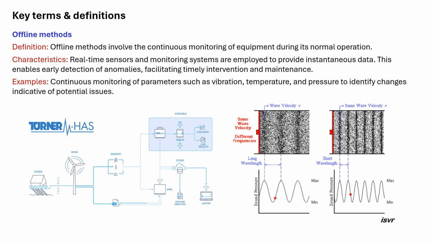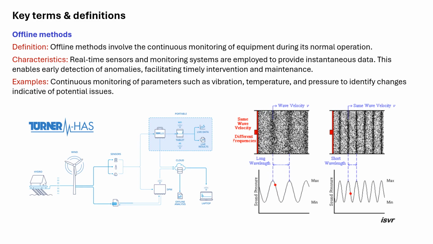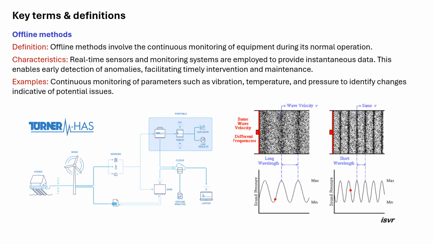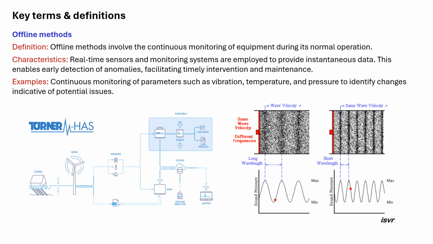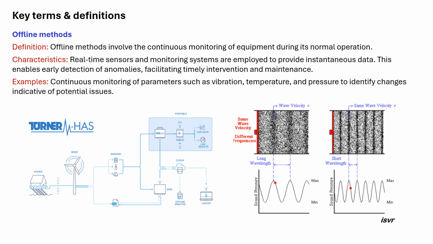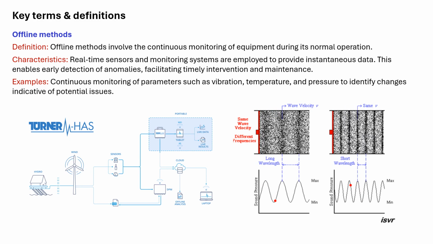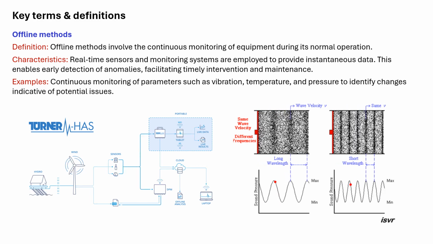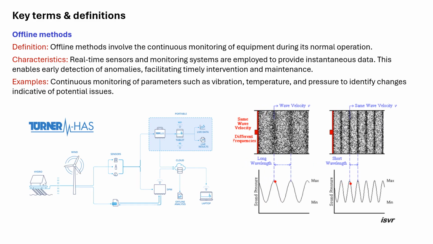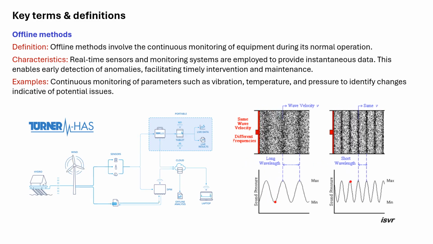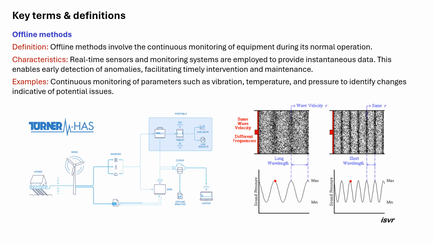Broadly speaking, there are two types of condition monitoring. Let's understand the first method, which is called the offline method. In simple terms, offline methods involve the continuous monitoring of equipment during its regular operation. These methods utilize real-time sensors and monitoring systems to get instantaneous data, allowing for early detection of anomalies.